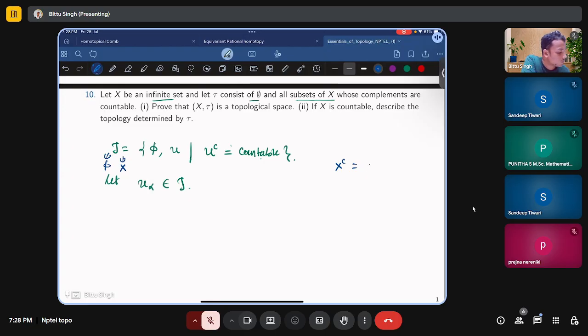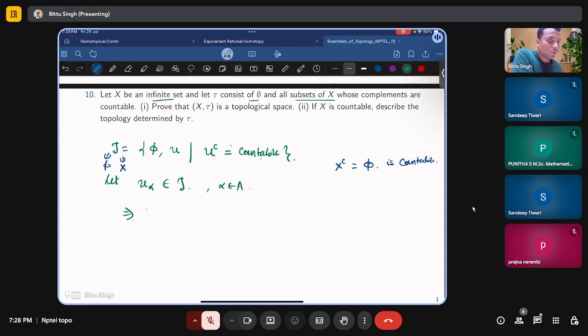Remove X from X, which is empty. The complement, the empty set, is always countable. So X is already there. So those two things are there. Now we are assuming U alpha, alpha belongs to some index set A.